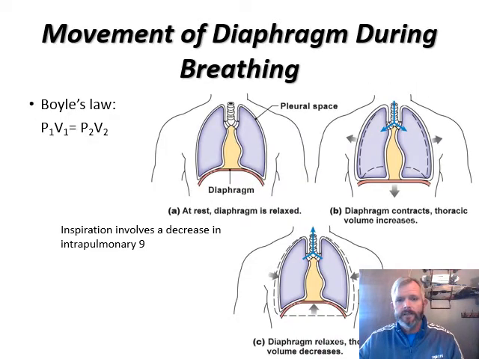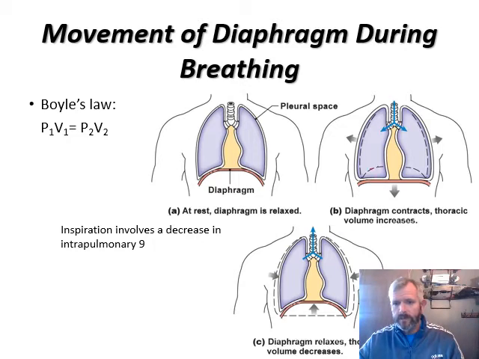So let's look first at the movement of the diaphragm. Here is our diaphragm. When it contracts, it pulls the lungs. Remember, the lungs are tethered here, and as the diaphragm moves, so do the lungs.